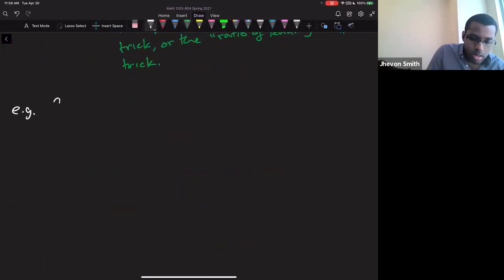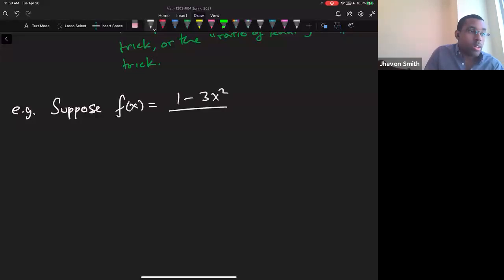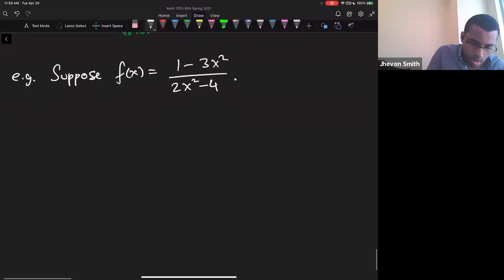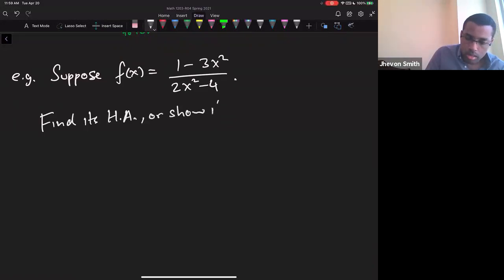Example, suppose f of x equals 1 minus 3x squared over 2x squared minus 4. Find its HA or show it does not exist.